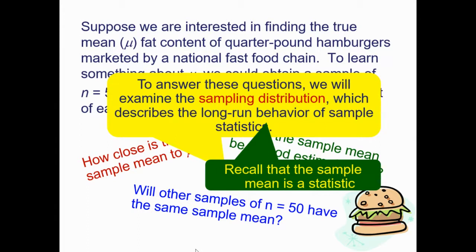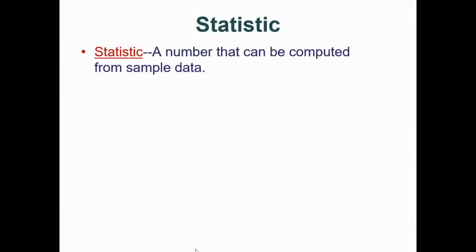There are two blanks on this slide, if you didn't notice: long-run behavior and statistic. Just to recall, a statistic is a number that can be computed from sample data.